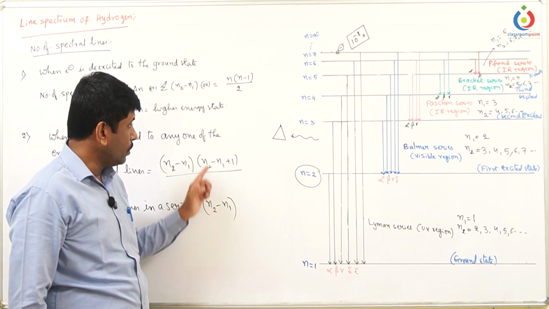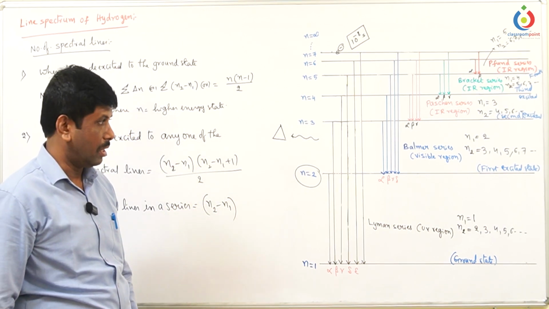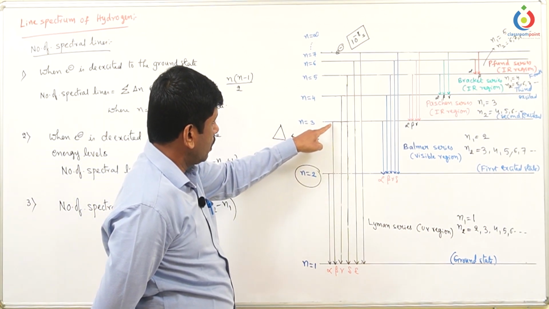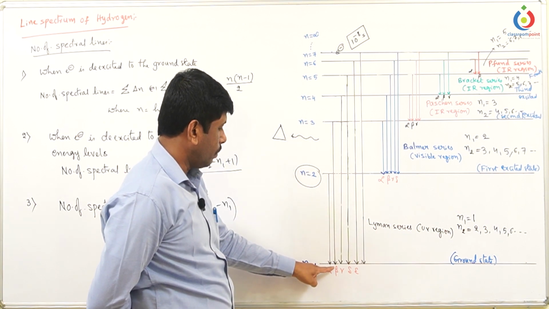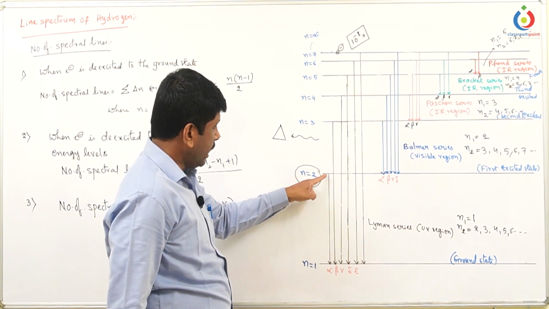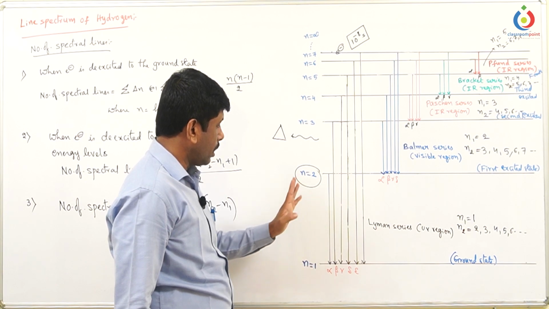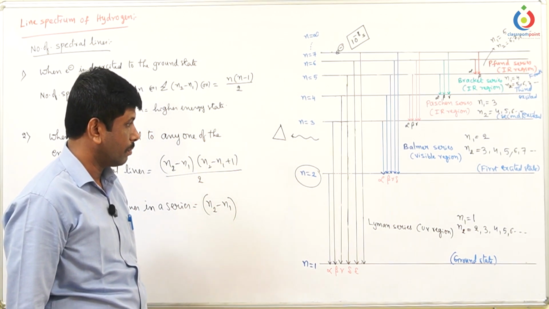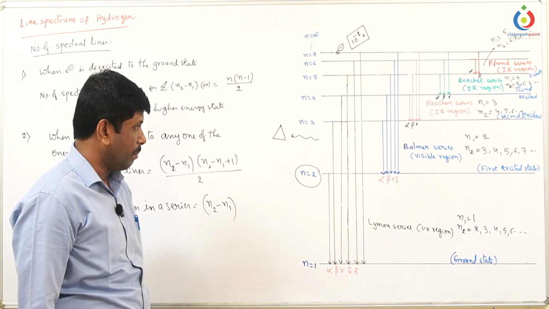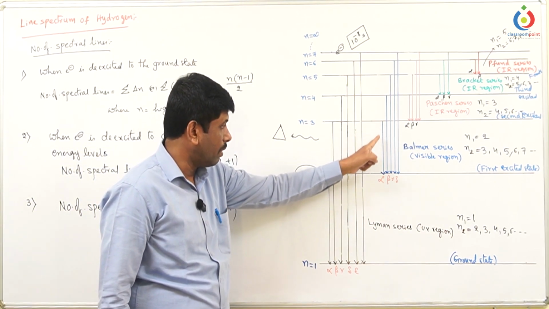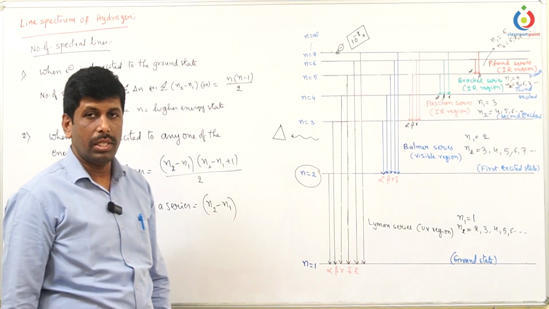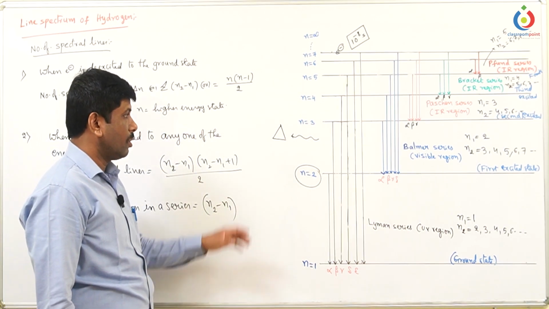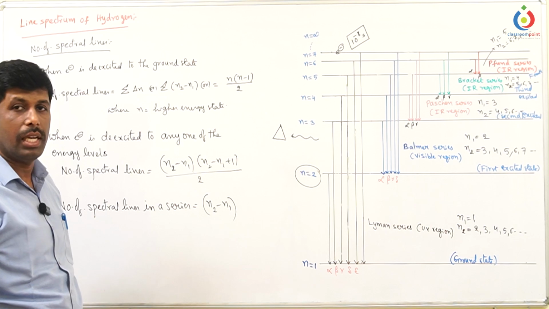Apart from this, if you use any of the other formulas, you will get another answer. How? See, 3 to 1 is one spectral line, again 2 to 1 is one spectral line, totally 2 spectral lines we are getting only in the Lyman series, that is 3 minus 1 equals 2. If the Lyman series is not mentioned, we have to include this value also. Balmer series lines also have to be calculated. So like this, the number of spectral lines can be calculated.